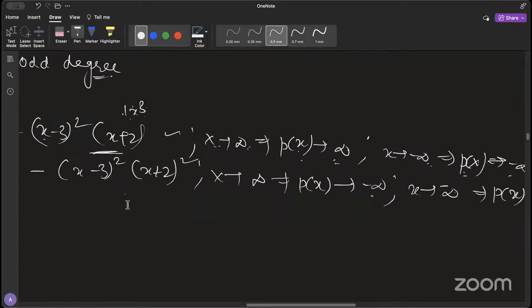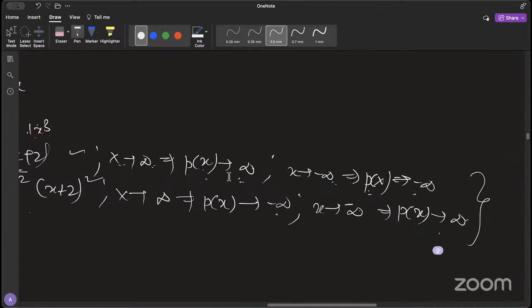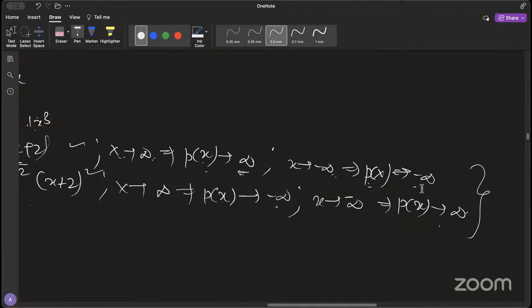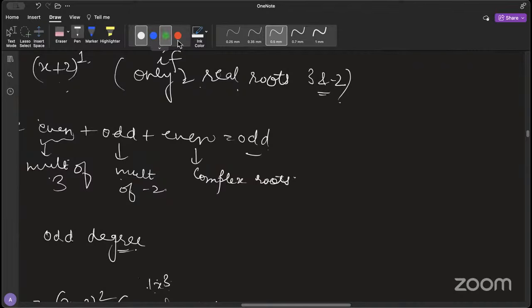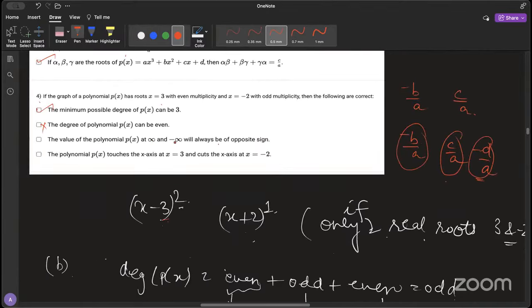Acha, you only focused on infinity or minus infinity. Yes, I neglected the opposite side. These have to be of the opposite sign. That's what your option says, right? It says the value of p(x) at infinity and minus infinity will be of opposite sign. This should be correct.